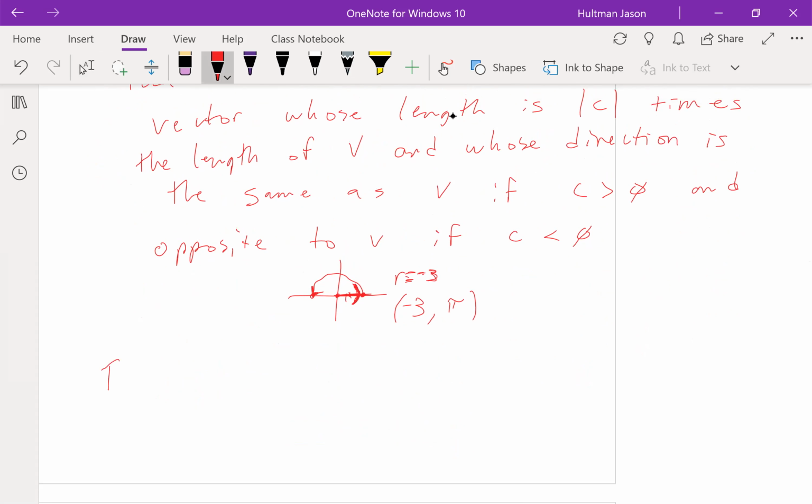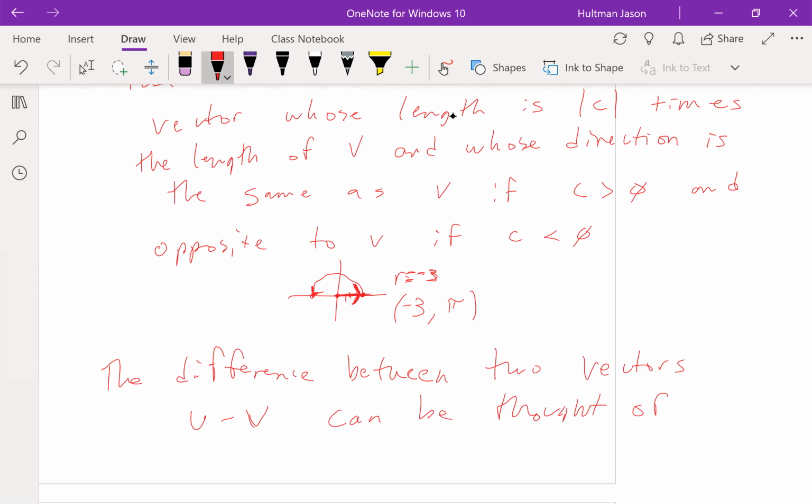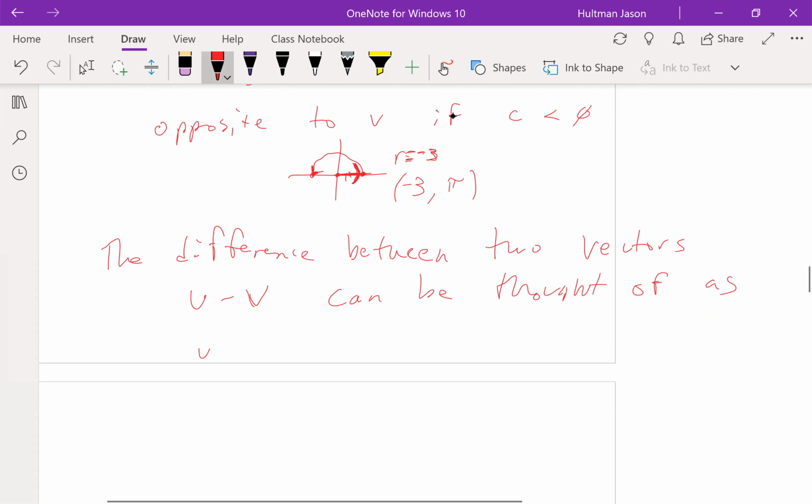Okay, the difference between two vectors, u minus v, can be thought of as u plus -1 times v, or u plus -v.